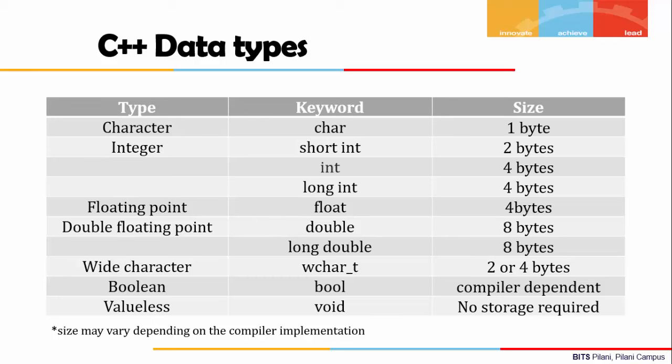In case of unsigned modifier, it shows only positive numbers and the range starts from 0. This makes them represent numbers twice as big as the signed types. The point to be noted is the size of all these types may vary depending on the compiler implementation.